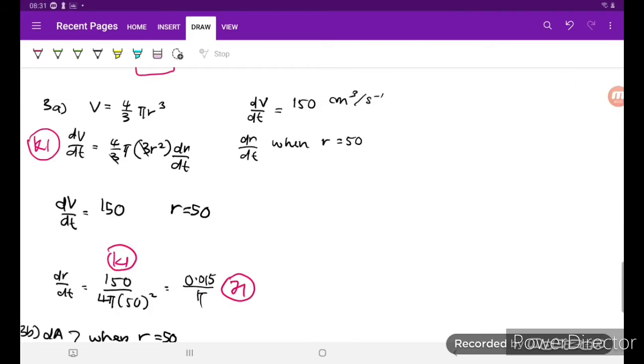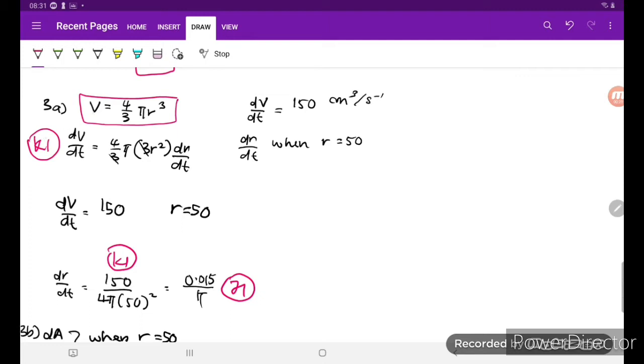For question 3a, you are given the volume of a sphere. So you have to differentiate. So you differentiate, you get k1. Differentiate implicitly, okay?